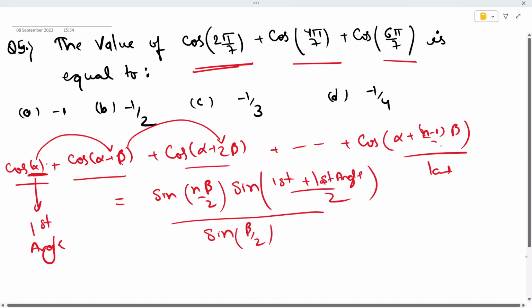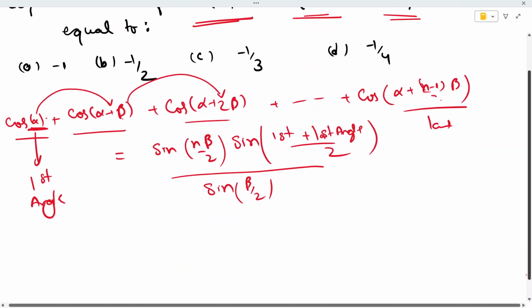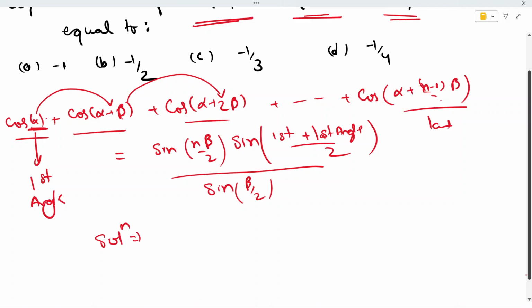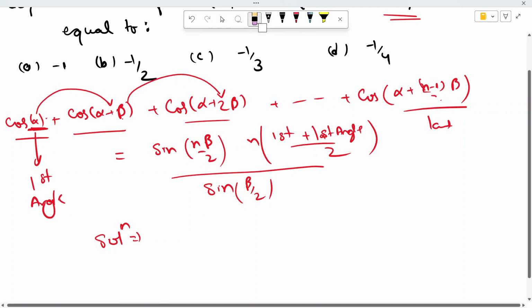What have you been given? Cos 2 pi by 7, cos 4 pi by 7, cos 6 pi by 7. Here n is 3, and beta is 2 pi by 7. Sorry, here you have to use cos because it's the formula for cos.